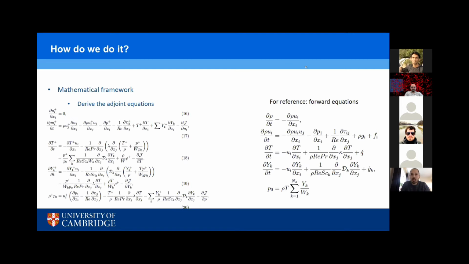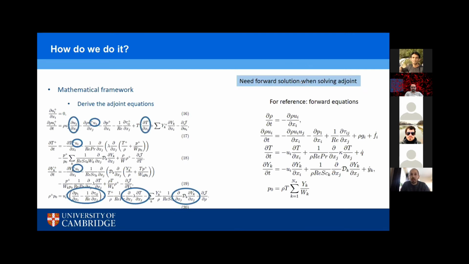So what points can we note from this? The first point is that we need the forwards variables while we are solving the adjoint. So the way to visualize this is that the adjoint represents a gradient. So effectively, it's a linearization around one point in your simulation.